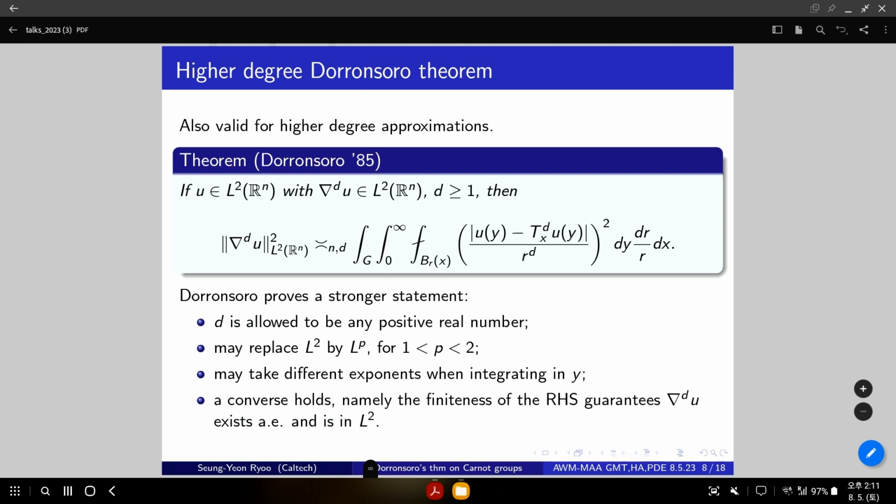Certainly, in the case of the Carnot groups that I will explain later, the L1 case will probably not be true because there are counterexamples in Carnot groups. Any other questions so far? If not, I'll go on to the next part.